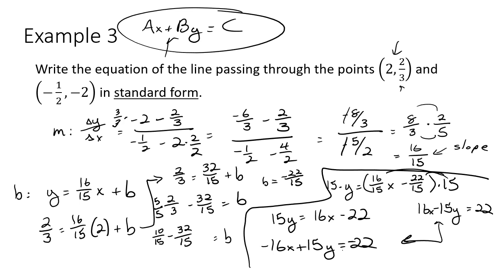Now, although either one of these is technically correct, the version that is usually considered the best or the simplest form is the one with a positive coefficient for x. And so we would go with 16x minus 15y is equal to 22. And if all of these had a common factor and you could reduce, then you should do that as well.